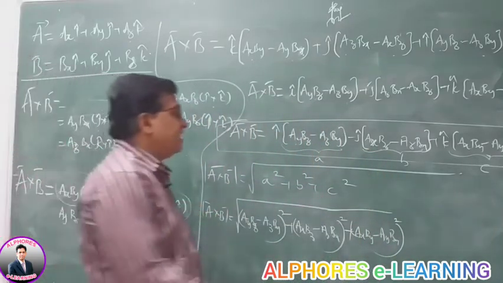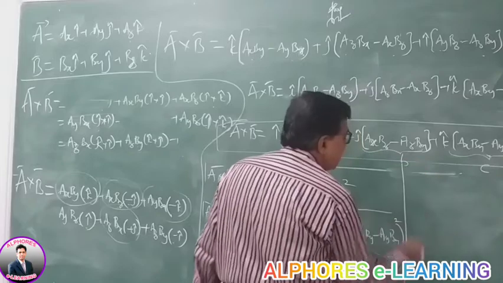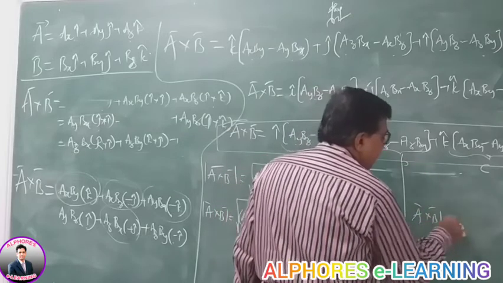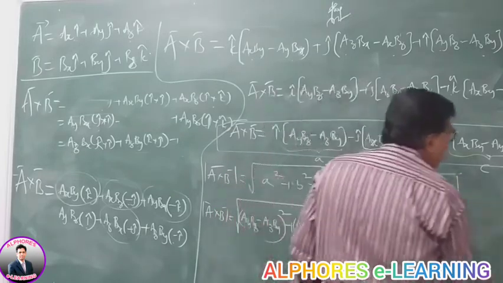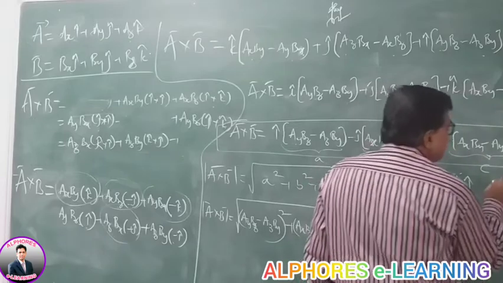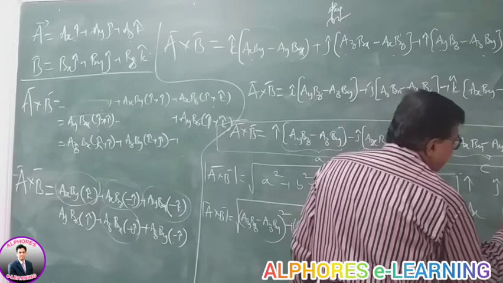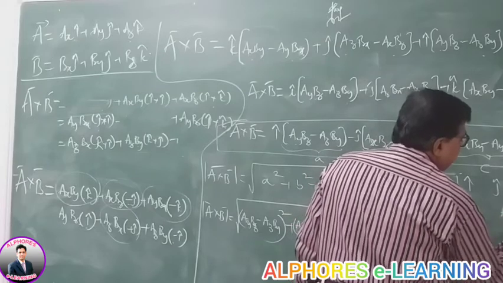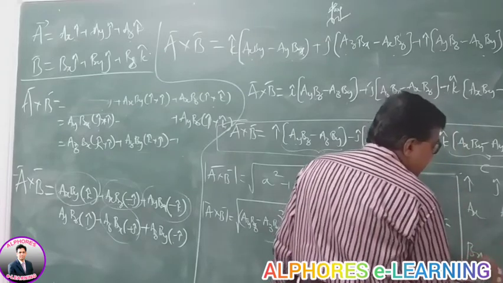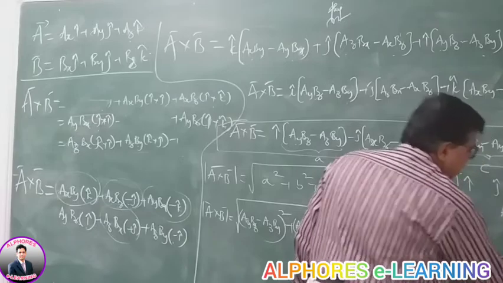And finally you can write a cross b simply as the determinant of i cap, j cap, k cap; ax, ay, az; bx, by, bz.